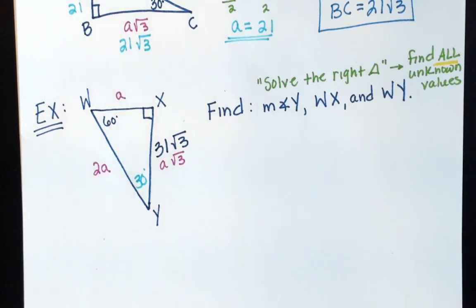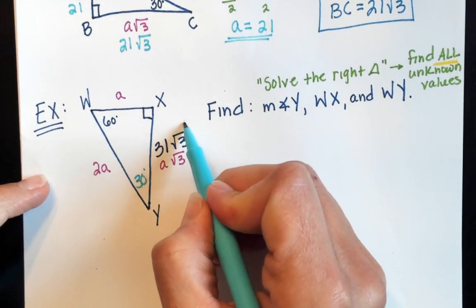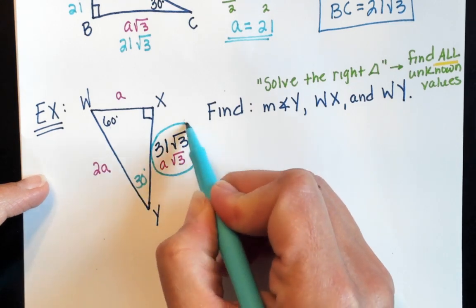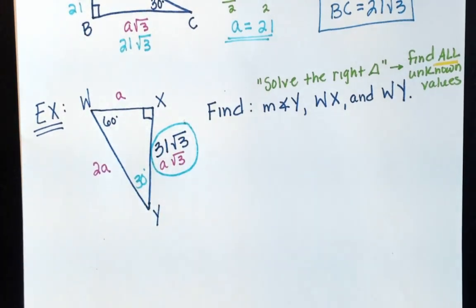So again, we circle our answer, the number that we have, and set them equal to each other.